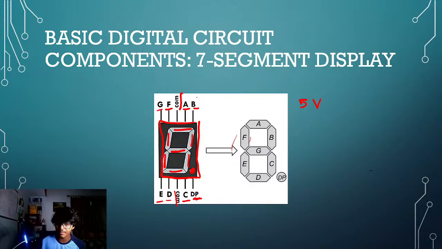So if you give, for example, B a 0 volt, suddenly there's a voltage difference between COM and B. Therefore, this lights up. Is that clear? So that's how a 7-segment display works. You can use different signals you get from other components to make this light up however you want. Is that clear?